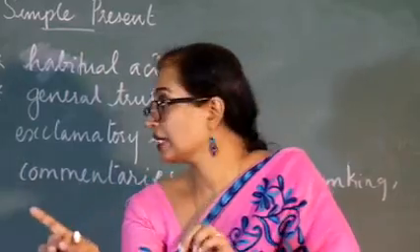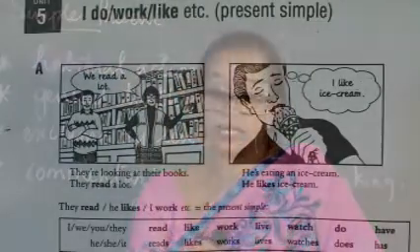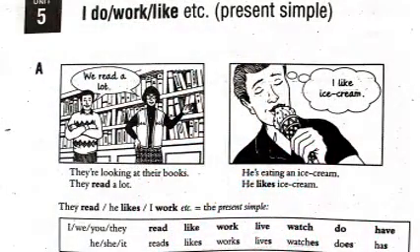So if you look at the slide here, you will find two people standing in their library. They have a library of their own, and they are looking at their books. There is the man standing there with a dialogue box: we read a lot.